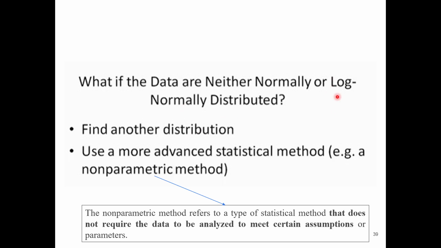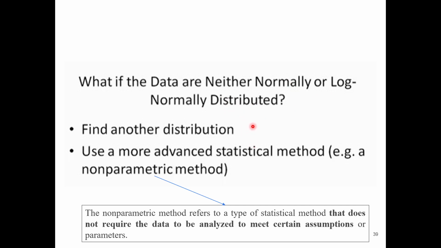If the standard deviation or variance is lesser than the mean, then the distribution is log normal. However, if the variance or standard deviation is still greater than the mean, that means it is neither normal nor log normal distribution.